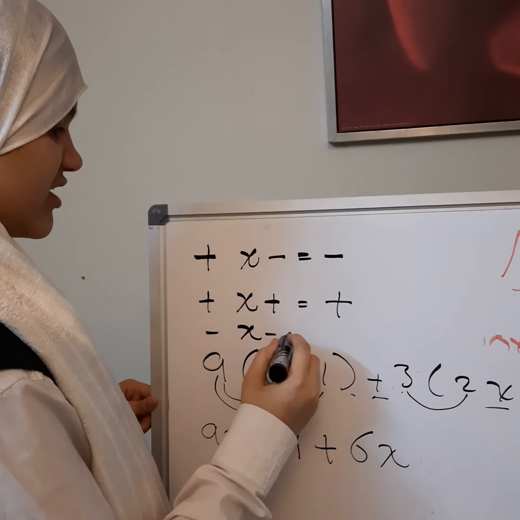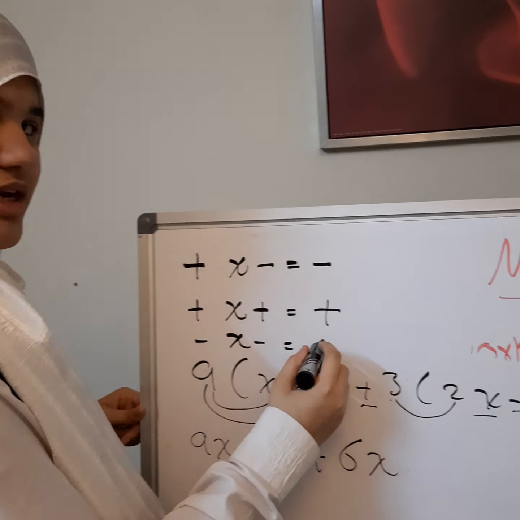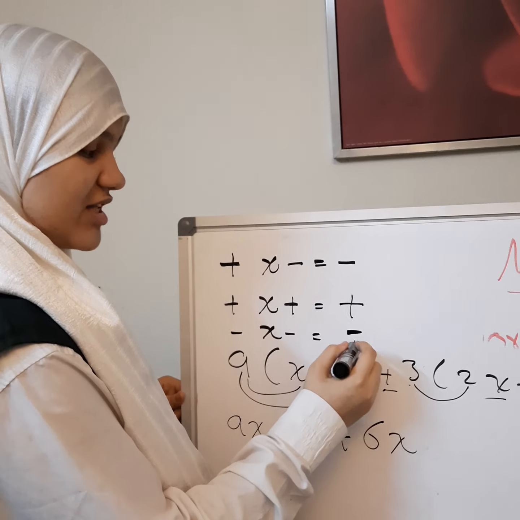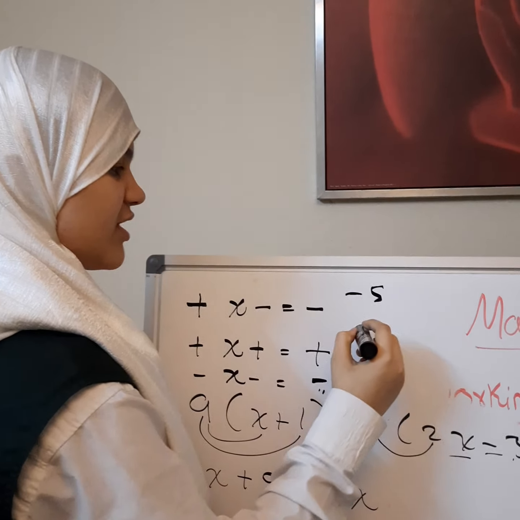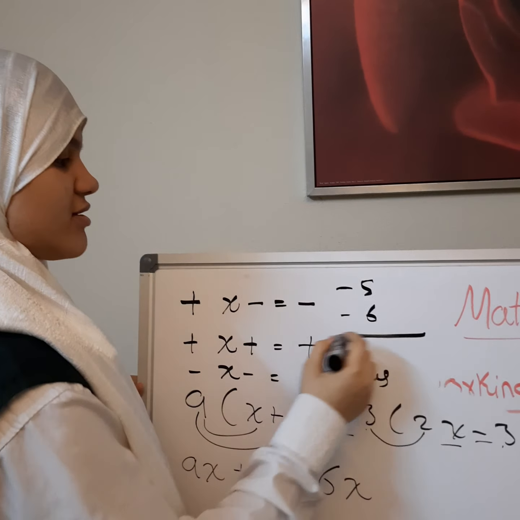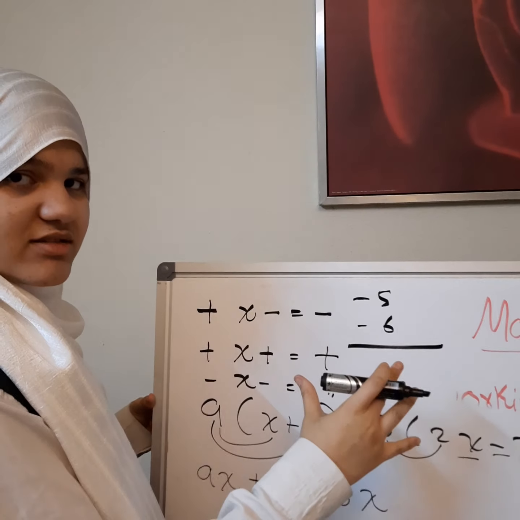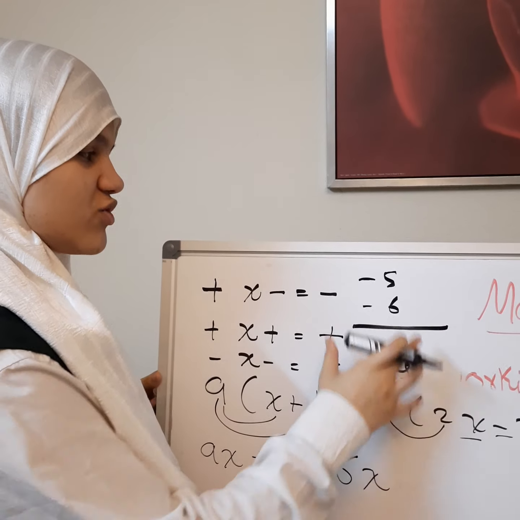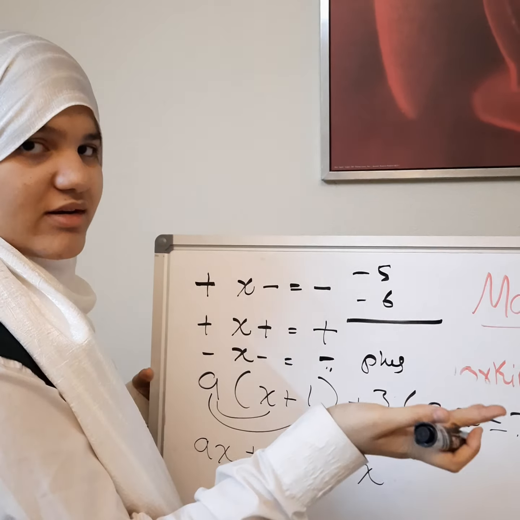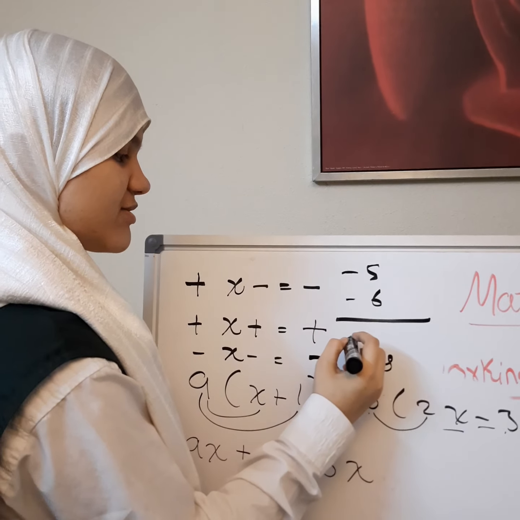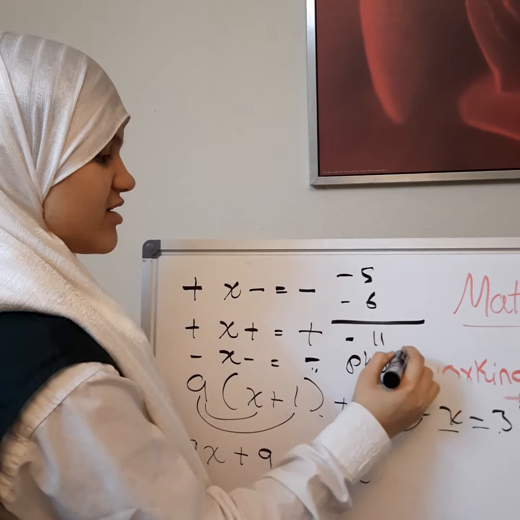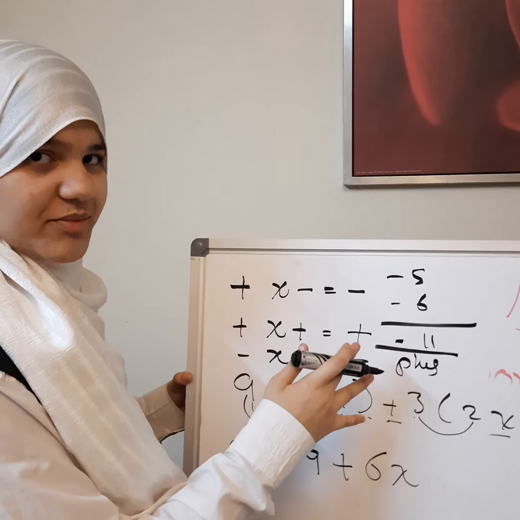Negative times negative is equal to positive. But it's also plus. Like if we have negative 5 and negative 6, do we make it minus? No. It will not be like 5 minus 6, it will be 5 plus 6. But the sign is the same sign. Negative 11, that it will be.